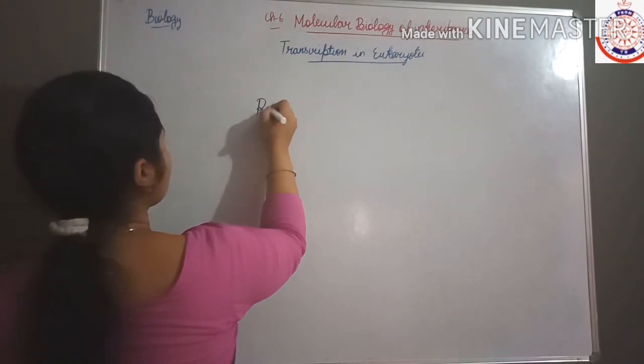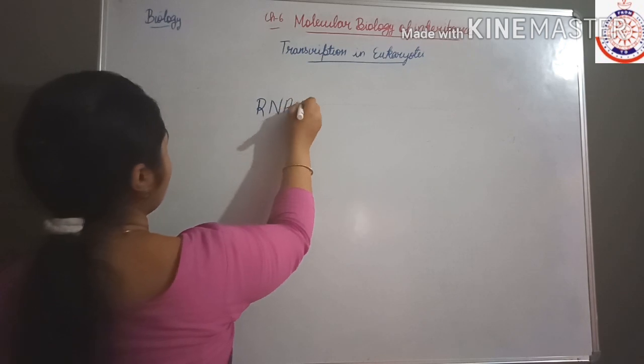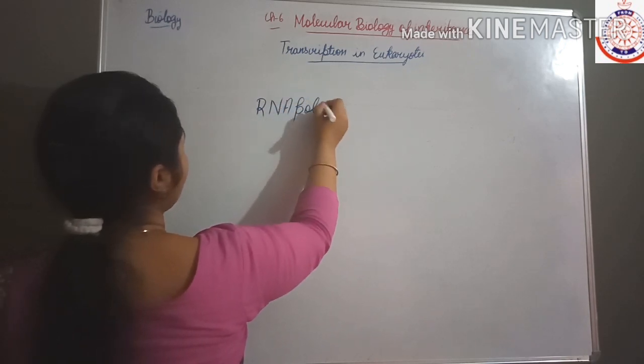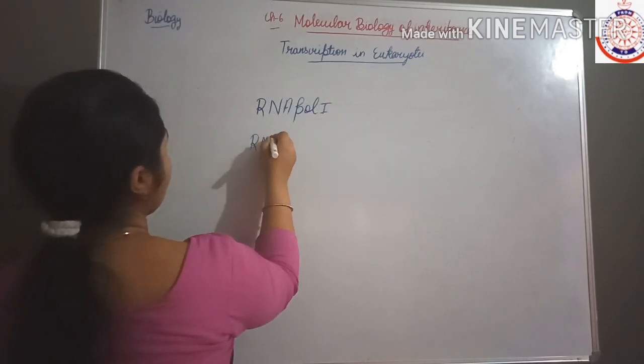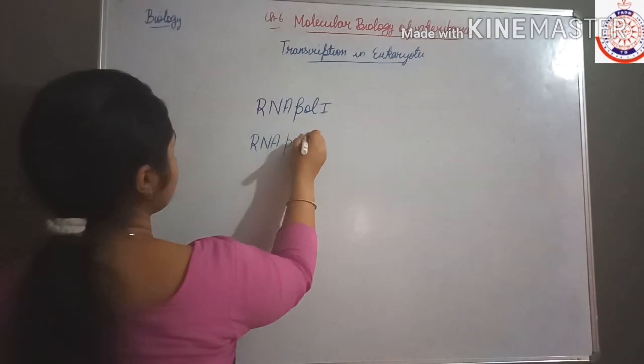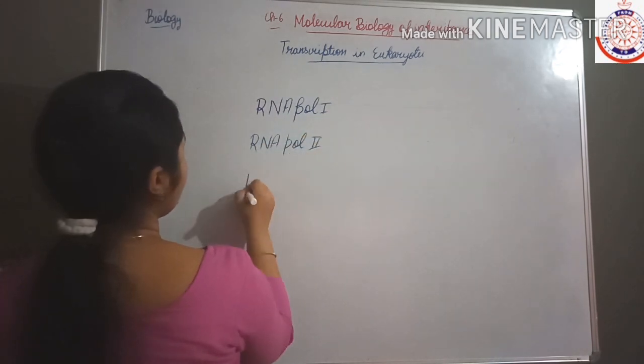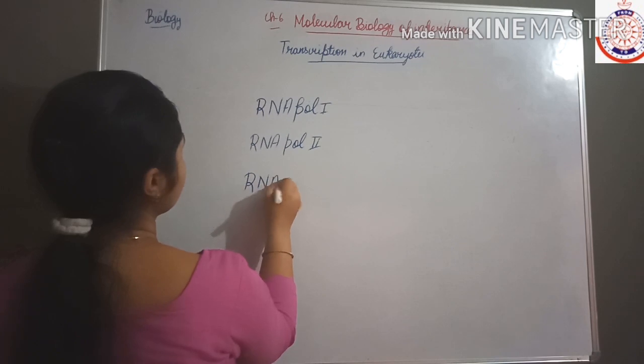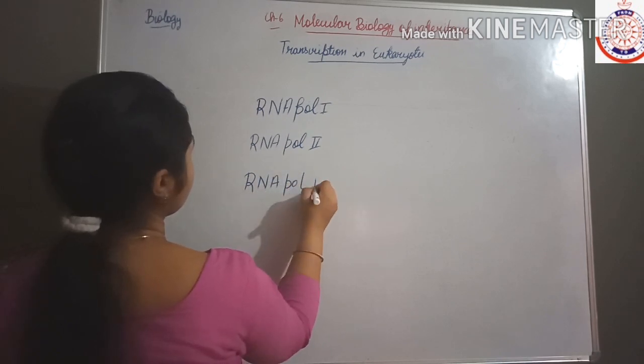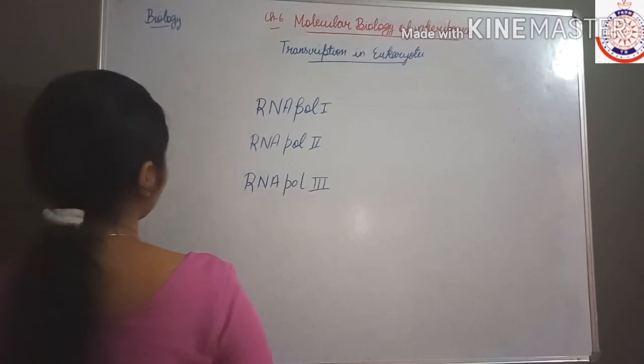So there are 3 types of RNA polymerases: RNA polymerase first, RNA polymerase second, and RNA polymerase third.